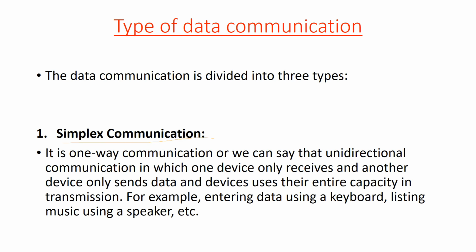This is a one-way communication, or we can also call it unidirectional communication, uni meaning one, in which one device only receives and another device only sends data, and the devices use their entire capacity in transmission. An example of simplex communication is entering data using a keyboard, or listening to music using a speaker.